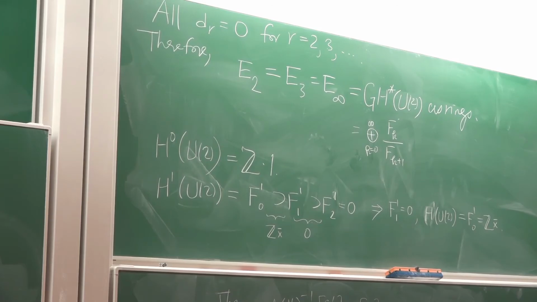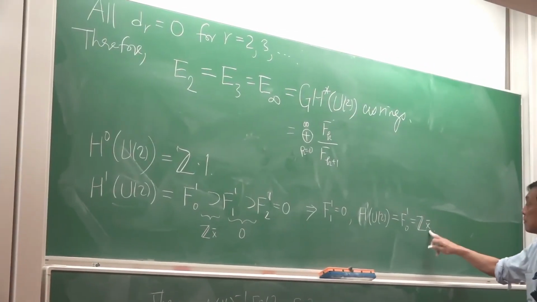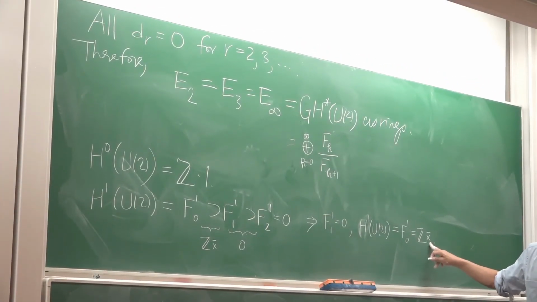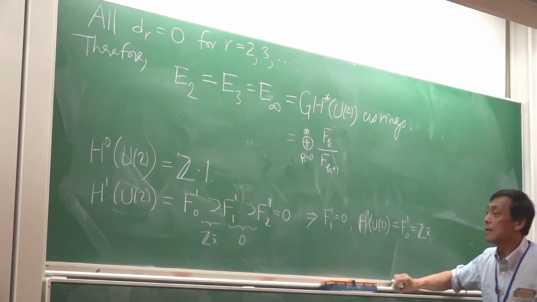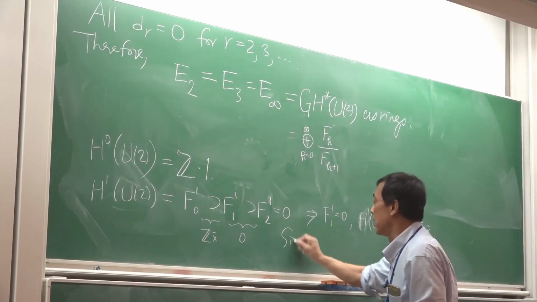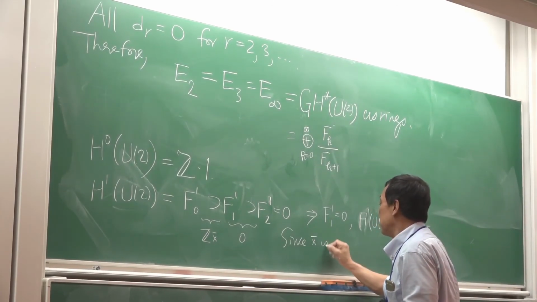So this says that x bar is actually not an equivalence class, but it's actually in the cohomology.